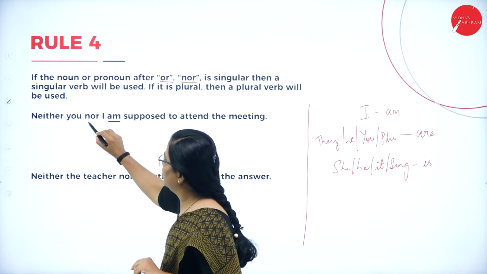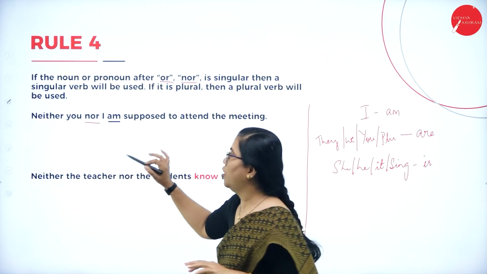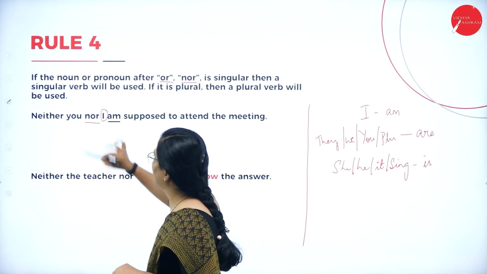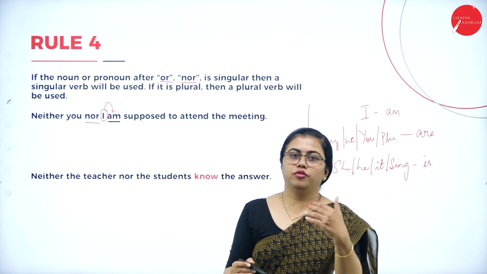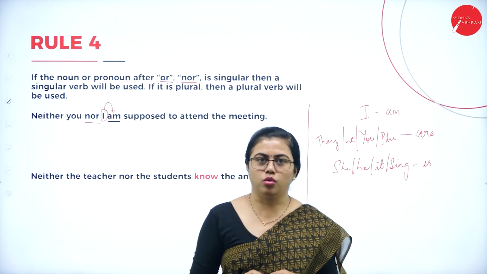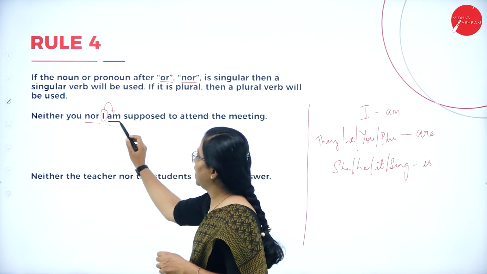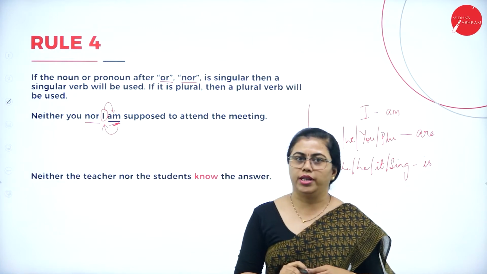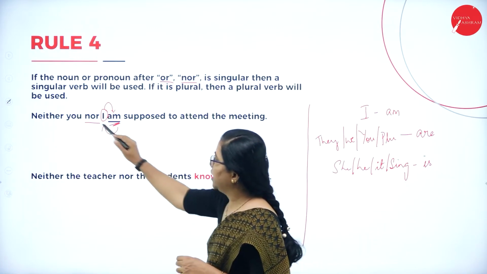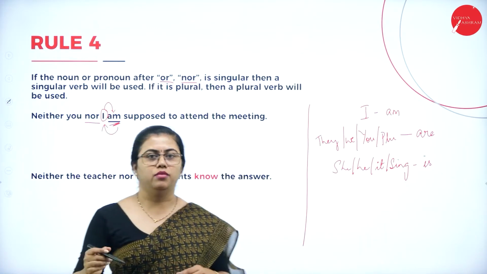After nor, whatever has come, like I'm talking about I, whatever verb has to be used should be in concord with the word that comes after nor only. Suppose it was "you" here and "I" was on that side.